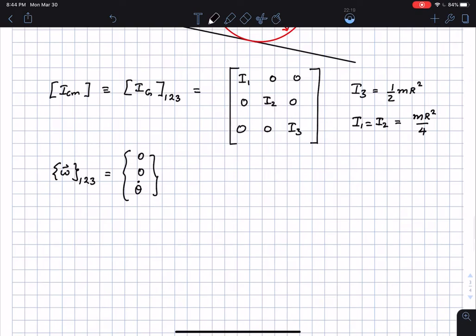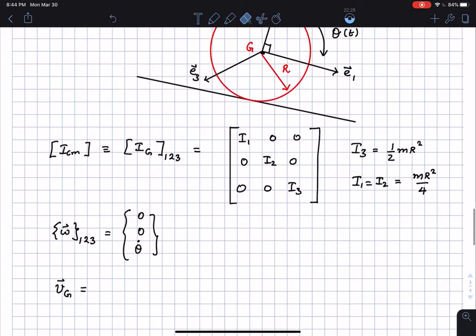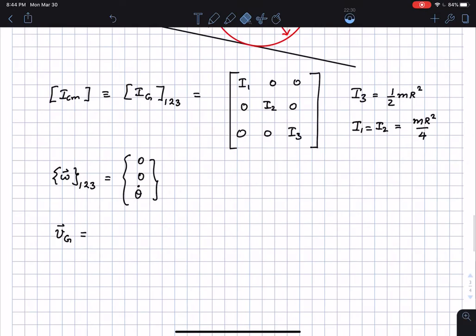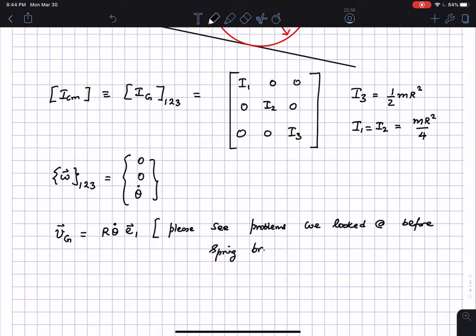The velocity of the center of mass of the disk, we know from before, is r theta dot in the E1 direction. Please see the problems we had looked at before spring break. We had actually derived these expressions there.